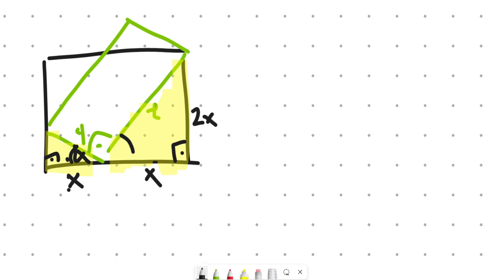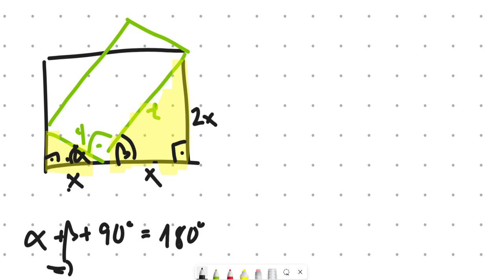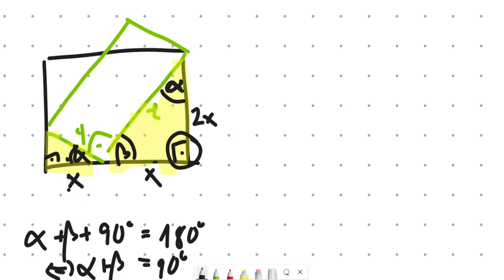And if we let this angle be equal to beta, then we can say that alpha plus beta plus 90 degrees is equal to 180, which means alpha plus beta is equal to 90. Since the sum of the inner angles of the triangle should be equal to 180 degrees, we have the 2 alphas, so we can take the triangles and write them again.